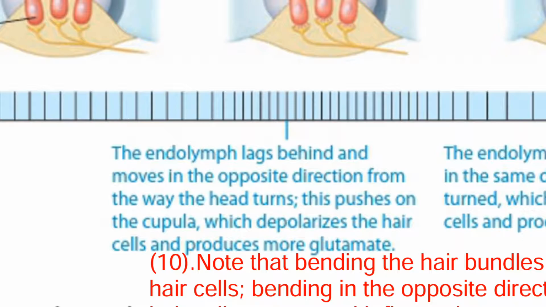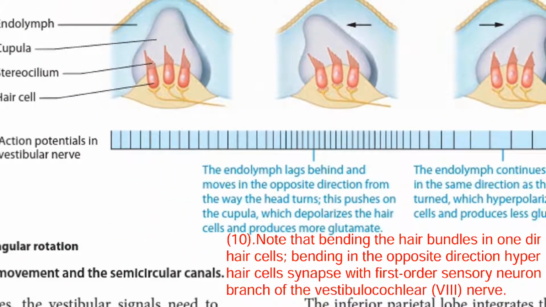This endolymph is pushing the cupula, so the hair cells are bending and are depolarized, and as the hair cells are depolarized, they release the neurotransmitter glutamate.